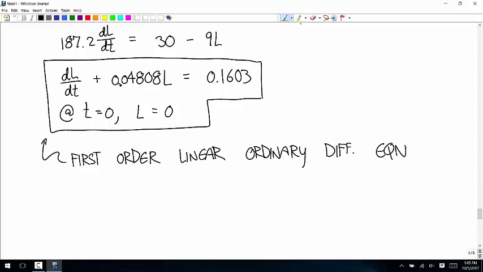That is made up of any equation that fits this form: dx dt plus some function of t times x is equal to another function of t.